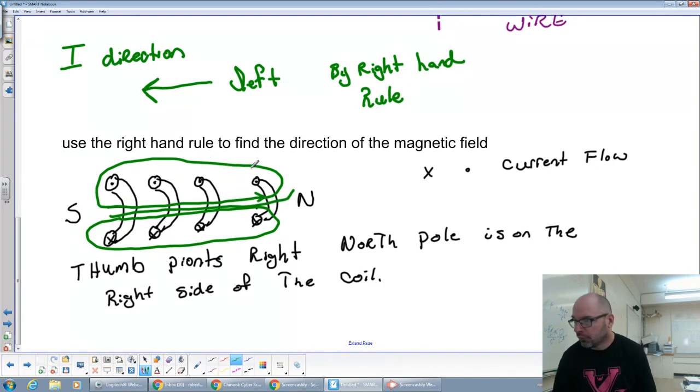Going in on the south, out on the north. Oops, I had that one backwards there. There we go. Out on the north, not in on it. Okay, so this is our magnetic field.